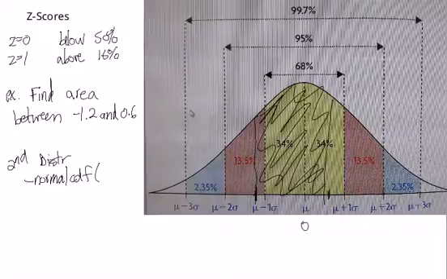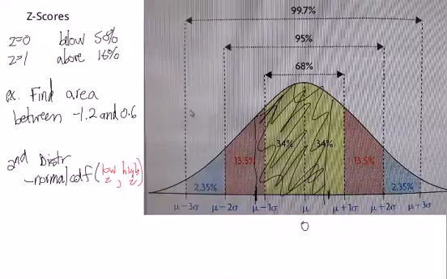When you pick that one, if it's the older calculators, it will just say normal CDF. We want to use normal CDF and we put in our low z-score first, and then we put in the high z-score second, and just hit enter.